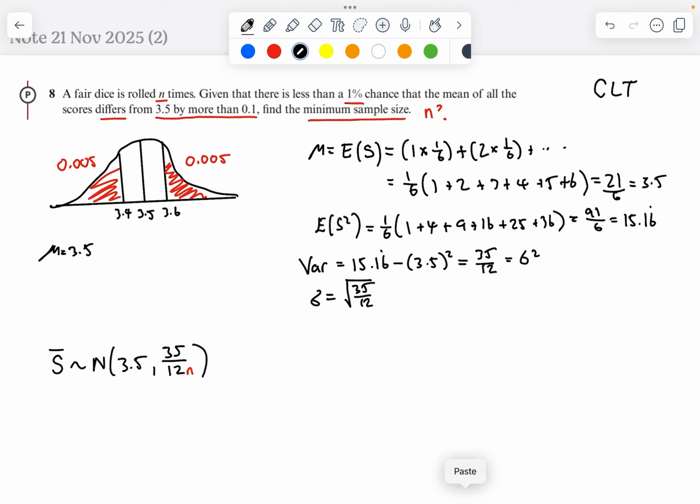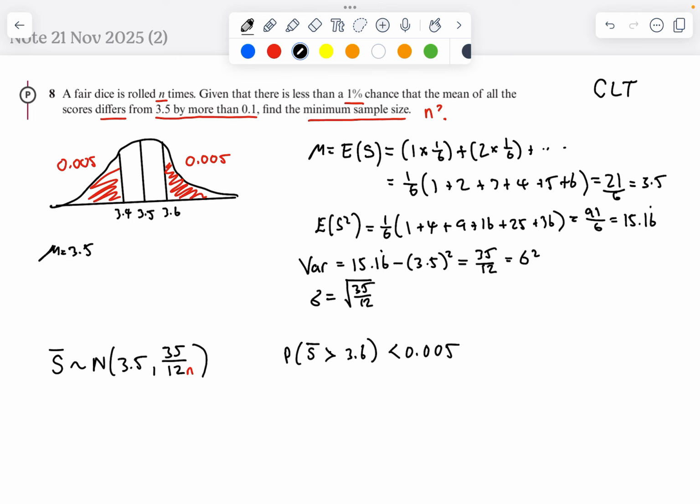We're trying to find the two areas above. Because that curve is symmetrical, the two areas we've marked are equal. So what I can just solve is the probability that my mean is going to be greater than 3.6, and then that area has to be less than 0.005. Okay, so I need to find a value that makes that true.